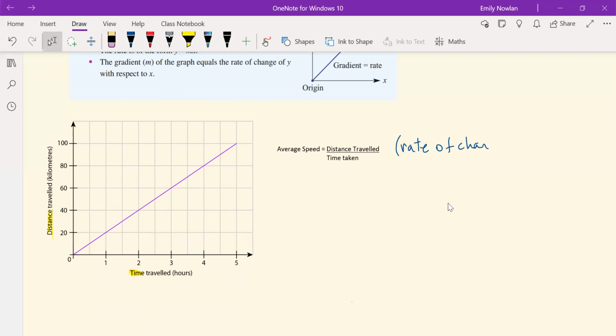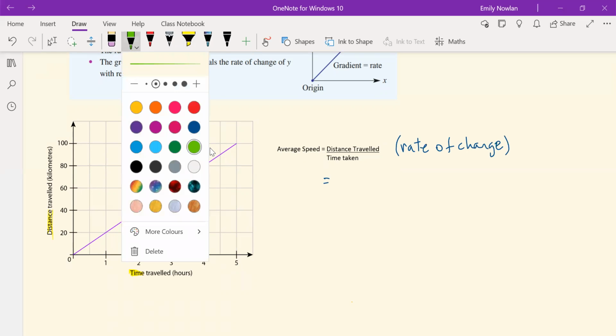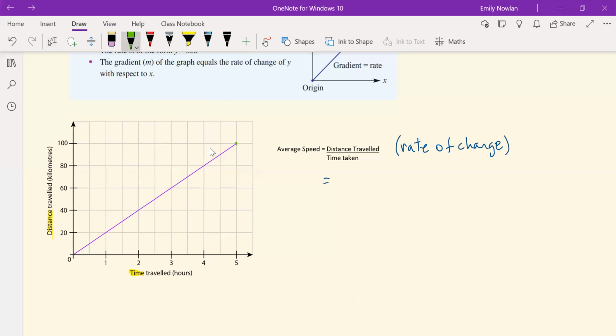It's just, in particular for this distance time graph, speed, something that we use in our everyday life. So the average speed is the distance traveled over the time taken. Now, what is the distance traveled? We can see it up here. It has to go from there to there. How far is that? It goes all the way over to 100.